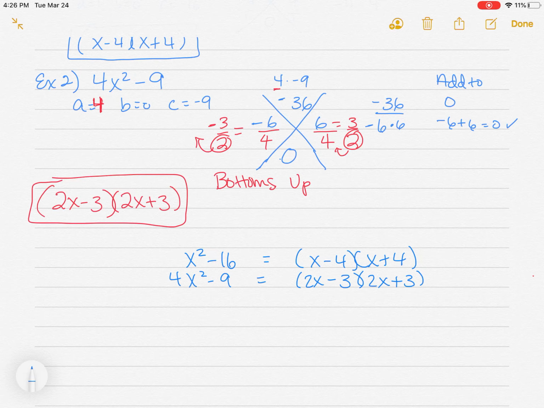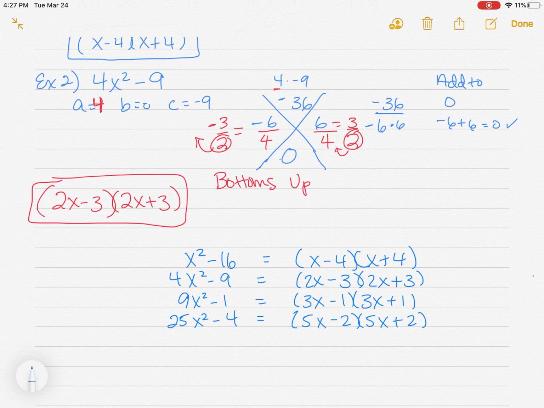I'm going to tell you a couple of other ones that factor. If you were to factor 9x squared minus 1, that's going to be 3x minus 1, 3x plus 1. 25x squared minus 4, that's 5x minus 2, 5x plus 2.